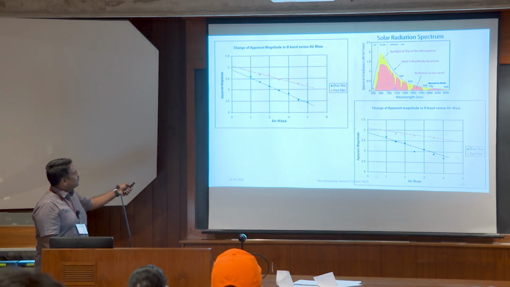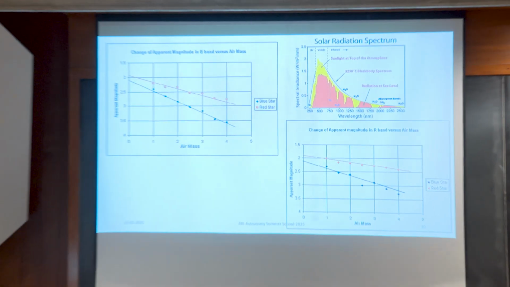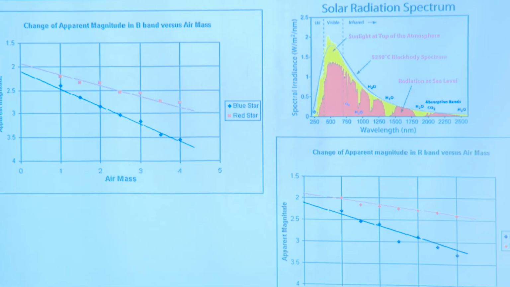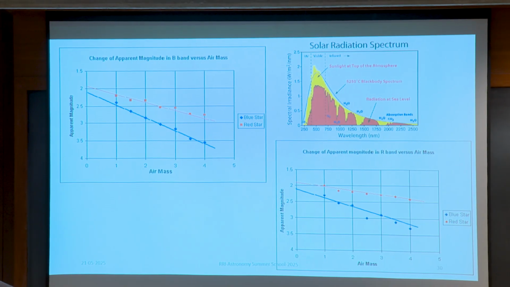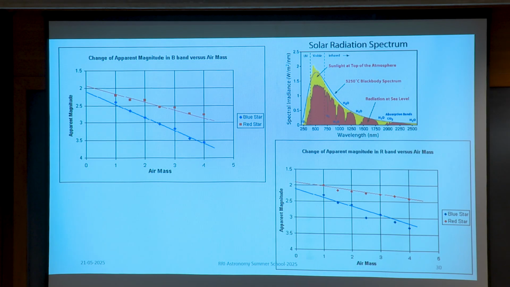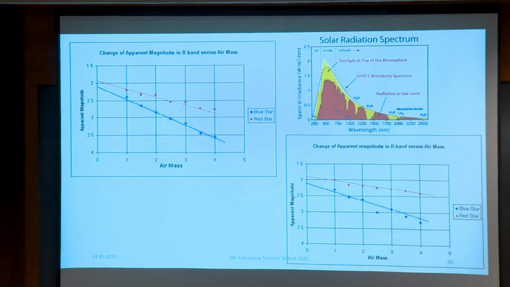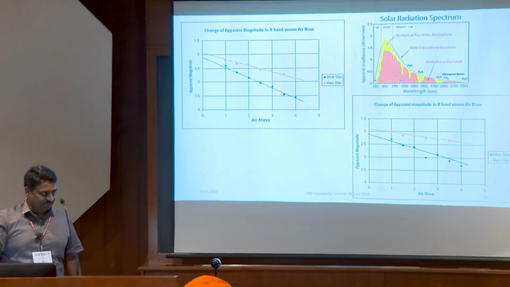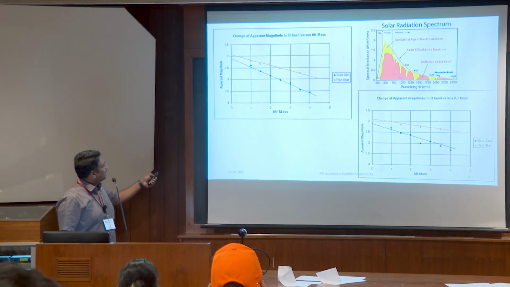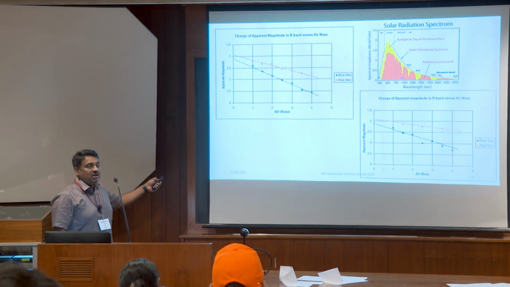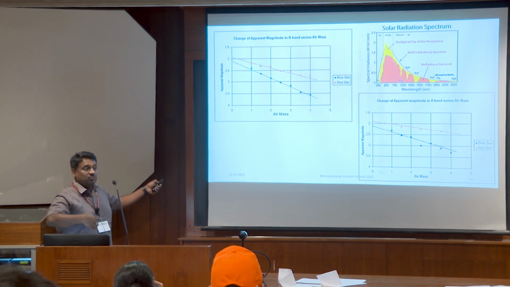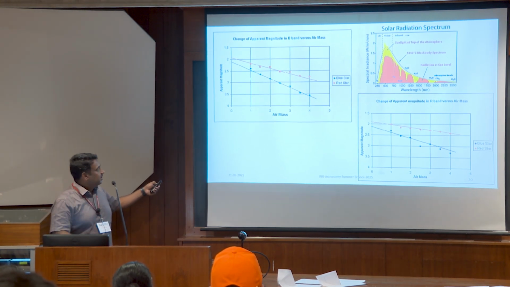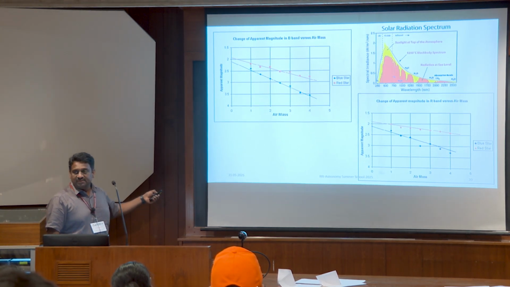Now you can actually find out the air mass. Air mass is the least when you are looking at your zenith. As you go down, the air mass increases, right? So as the absorption increases, the apparent magnitude will be fainter and fainter. That means the magnitude will go higher and higher as your air mass increases.